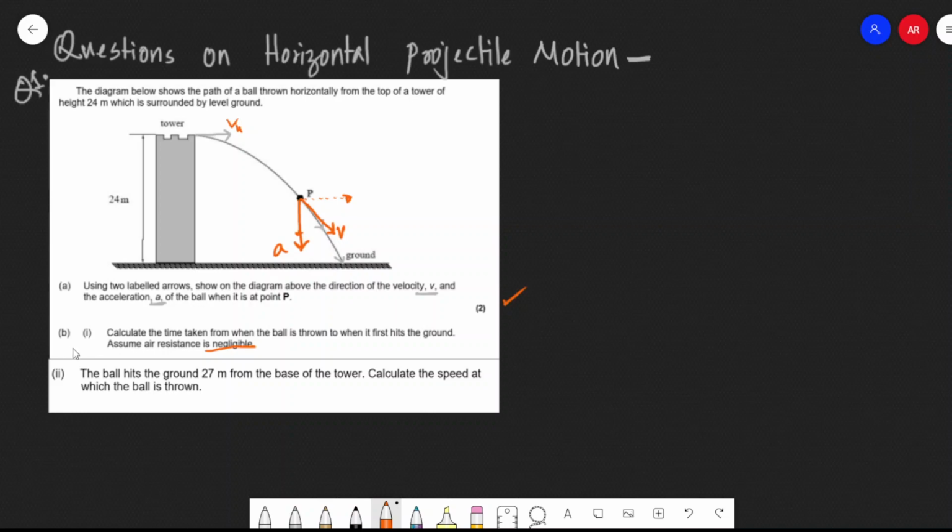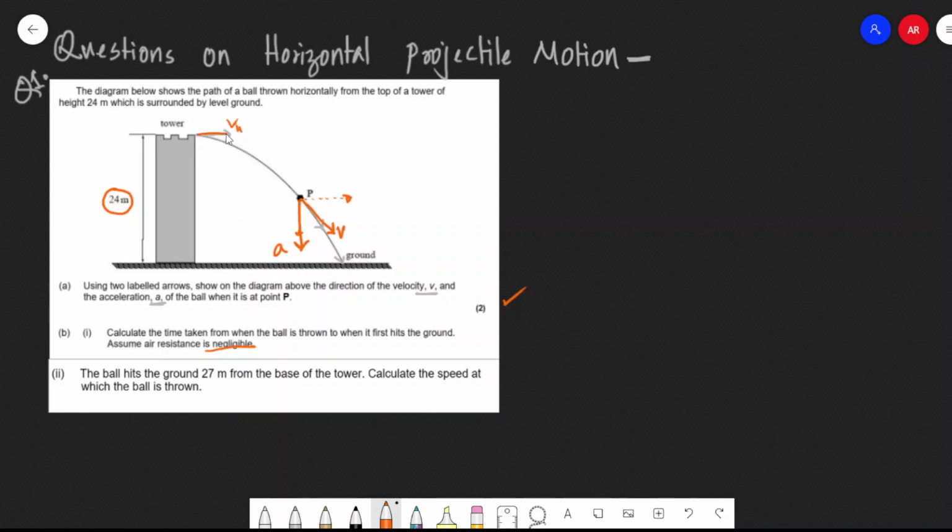Now question B1: calculate the time taken from when the ball is thrown to when it first hits the ground, assuming there's no air resistance. So when it first hits the ground, what vertical height does it travel? It travels a vertical height of 24 meters. With what velocity has it been projected?